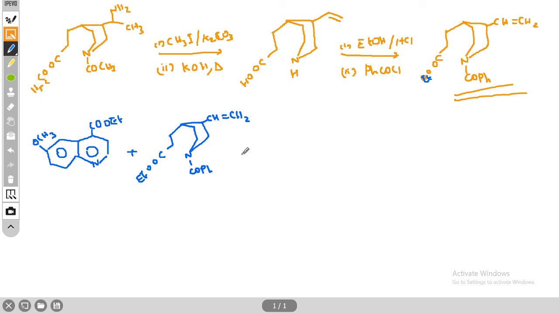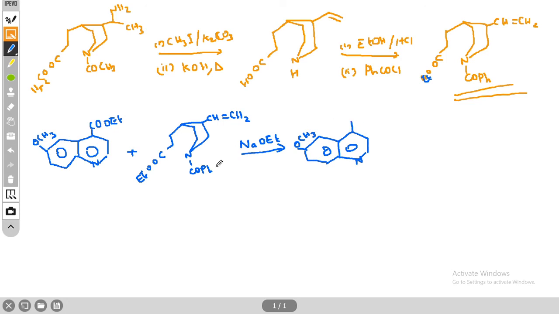Okay, in the presence of NaOEt, sodium ethoxide, these two compounds condense, that is, this ester and this ester part will condense to form a molecule like this. Here is a nitrogen, here is an OCH3 group.